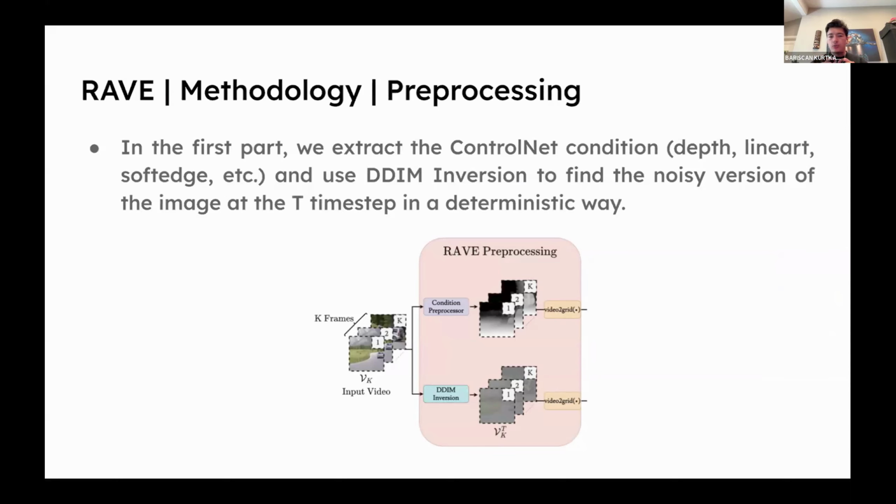So it's hard to change that information in the editing phase, but depth is softer, so you can also change the structure in a better way. First of all, we are doing a DDIM inversion to find the timestep t noise in a deterministic way. And we are also using a condition preprocessor to find a depth map. It can be MiDaS, for example.